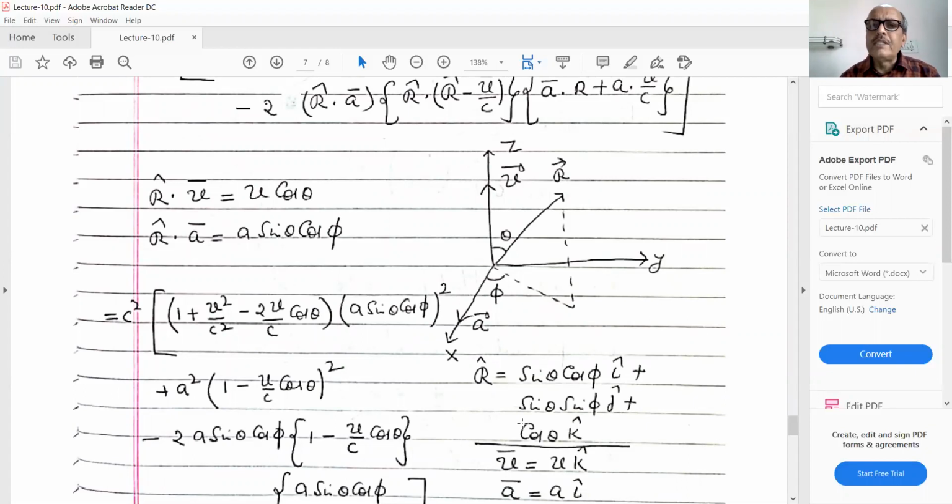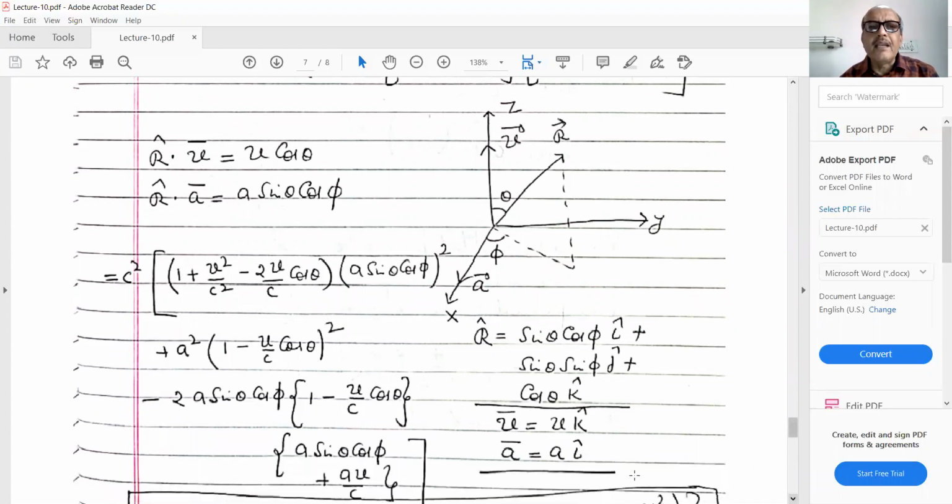So that is why you don't see r here. As I told you just now, the velocity is along the z-axis and the acceleration is along the x-axis. So r cap · v will be equal to v cos theta, but r cap · a will be a sin theta cos phi. You can make use of these expressions to find this.